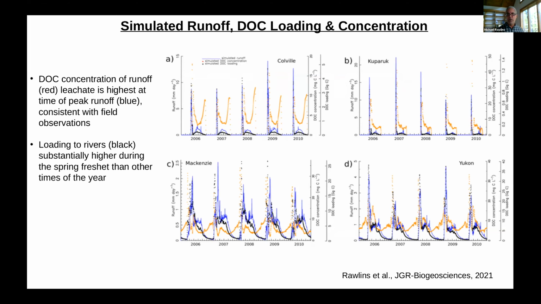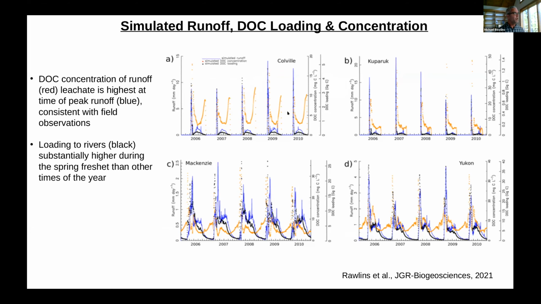And that may be counterintuitive, but that's what's happening out in the real world. We're seeing that the DOC concentrations in the discharge is highest at the time of peak runoff, and the model captures that. And of course, then the loadings in black, then the mass loadings are then much higher during that time in the spring freshet. That's when we get the large export of dissolved organic carbon.